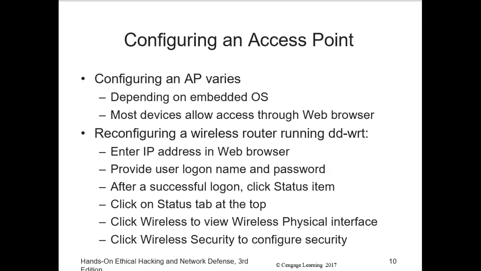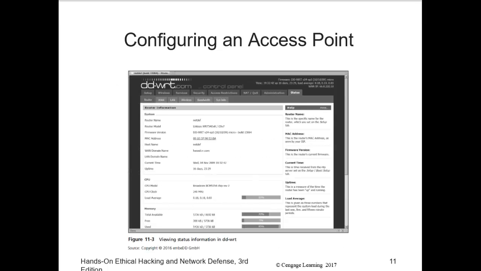Then after we've logged on, we can check the status item. By clicking on the status tab at the top, we can click wireless to view the wireless physical interface and to configure security. So these are some of those slides that walk you through that process.